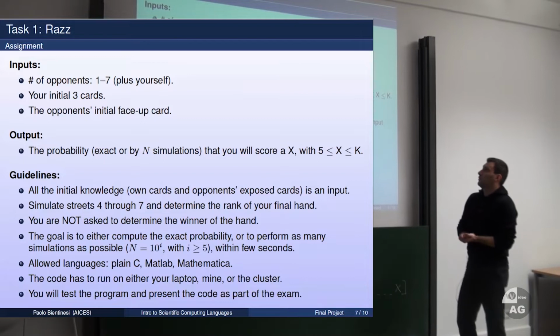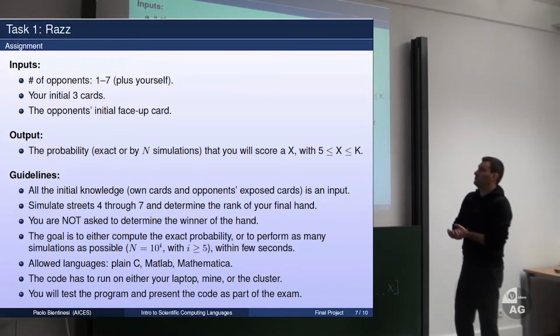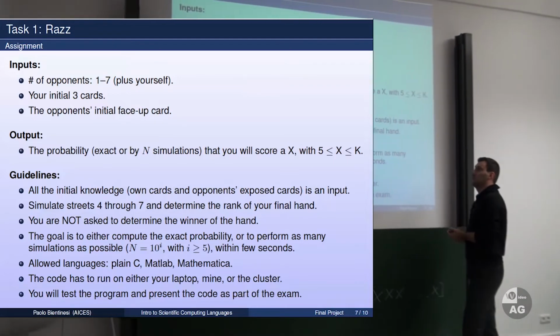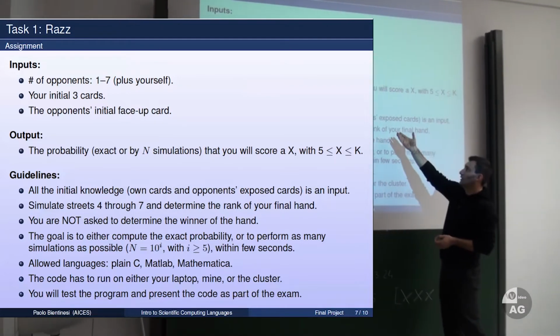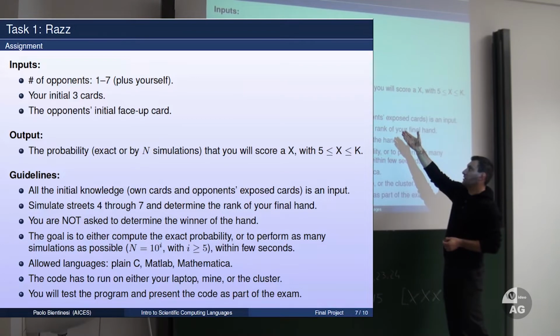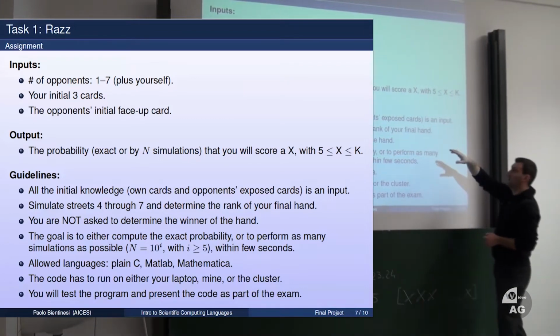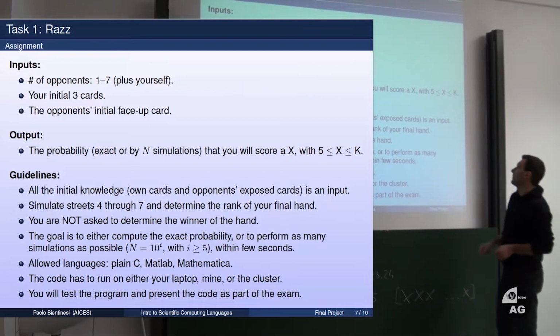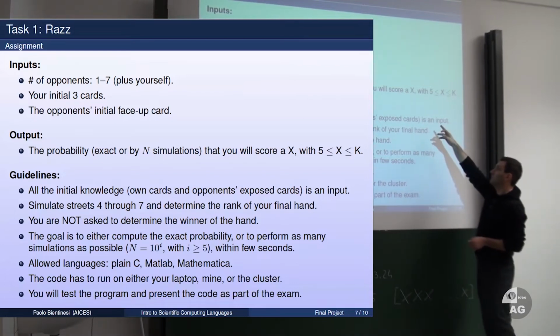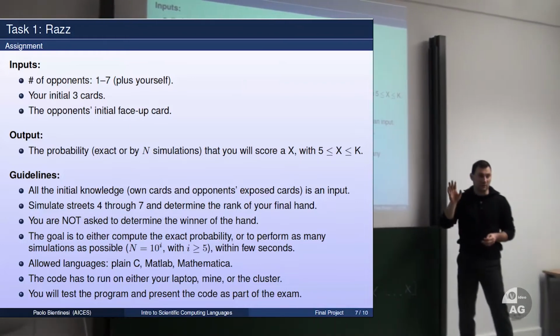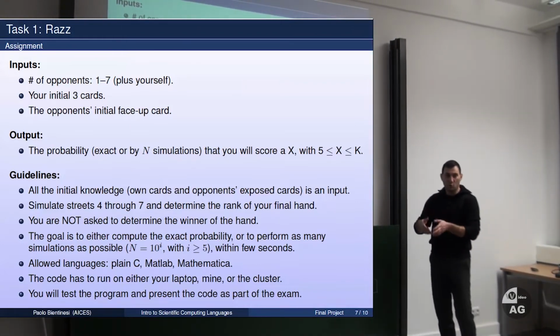Okay. What do you have to do? You have to determine the likelihood, the probability of having a RAZZ of rank X given those initial cards. And a RAZZ of rank X, over here, I do not count pairs or worse hands.